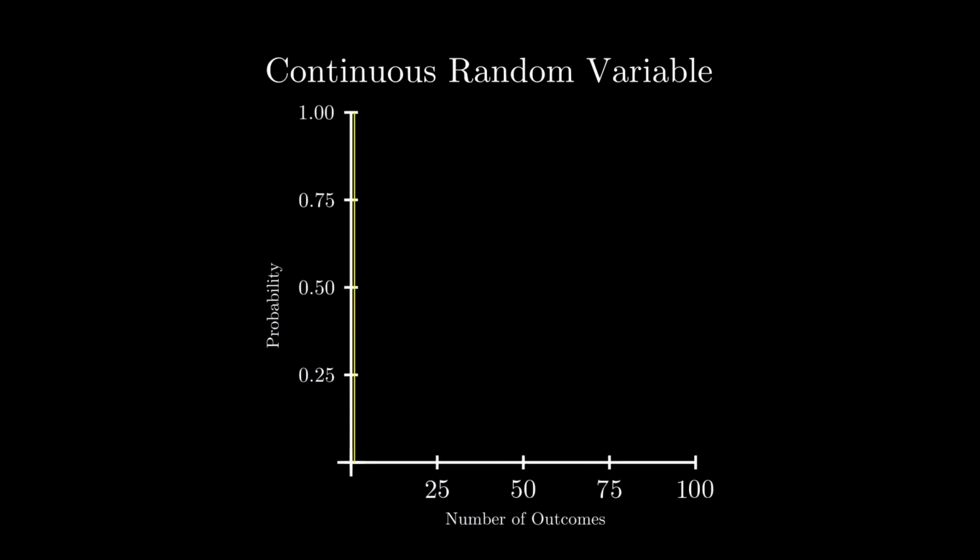To visualize this, we graph the probability versus the number of outcomes. By just increasing the number of outcomes to approach 100, we can see a very fast drop in the probability. In fact, if we continue this increase in the number of outcomes to infinity, the probability approaches 0.